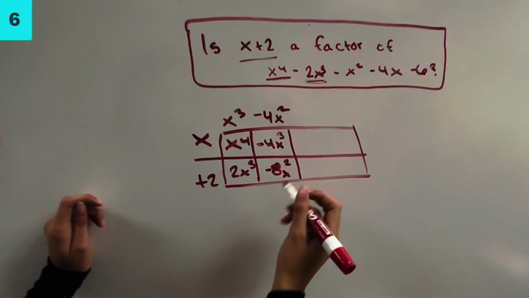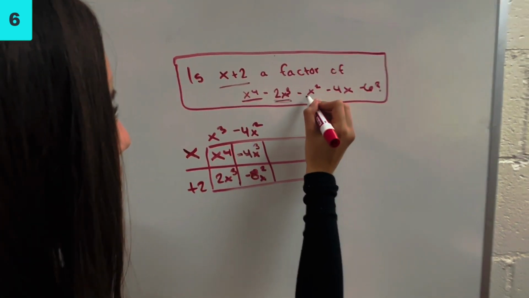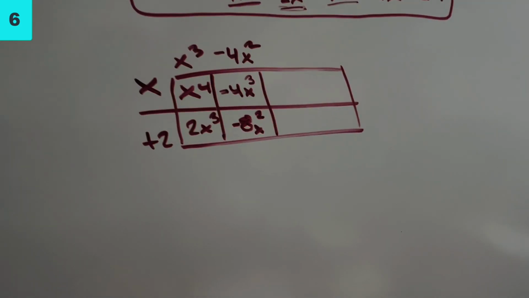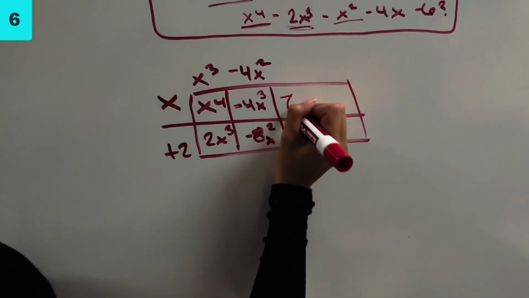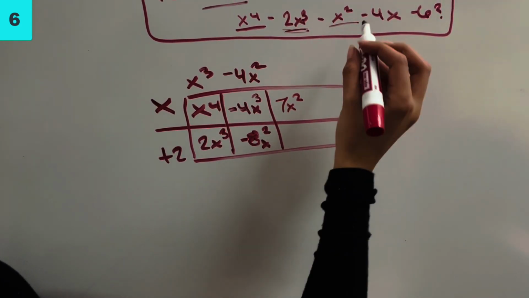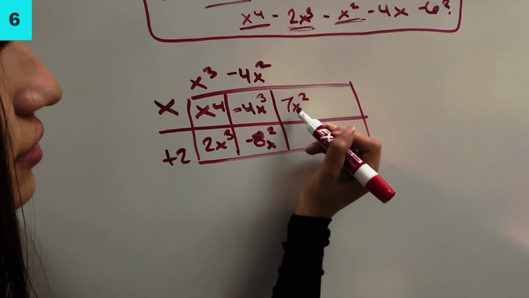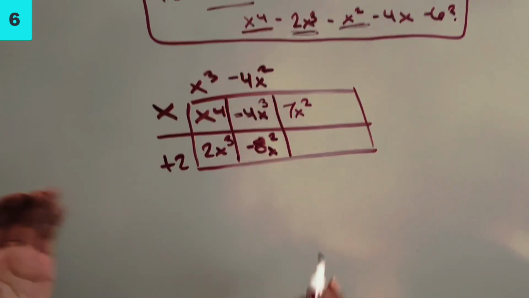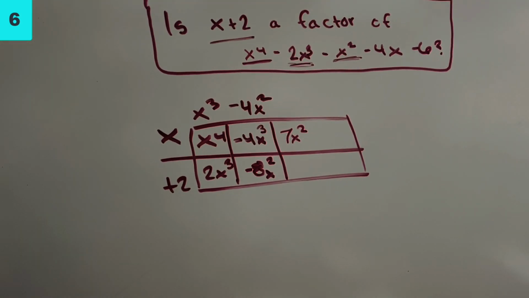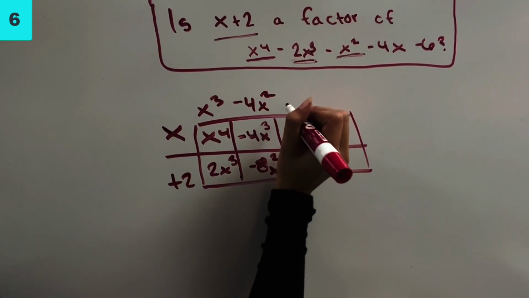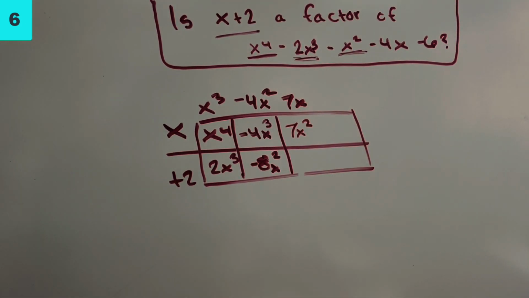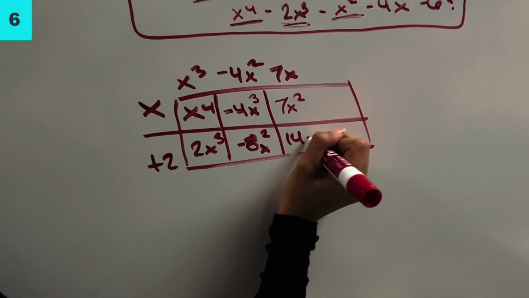Then this number, you have to try to find. That would be 7x to the power of 2, because minus 8 and that will give you this. And then you just get the numbers, which are 7x and 14x.